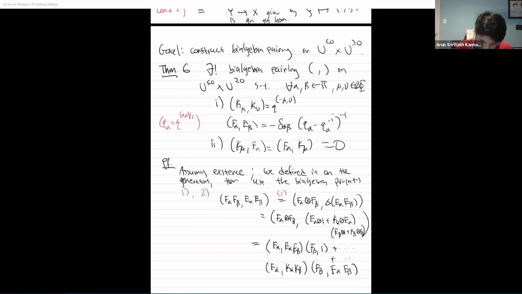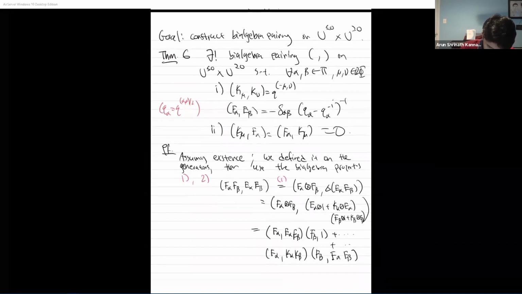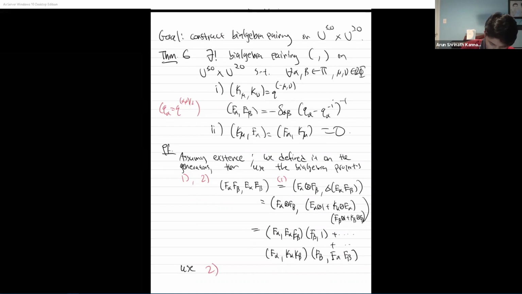And then you can use relation 2 to split up the product on the right hand side. So I'll just write: use 2 to express in terms of the form on generators.